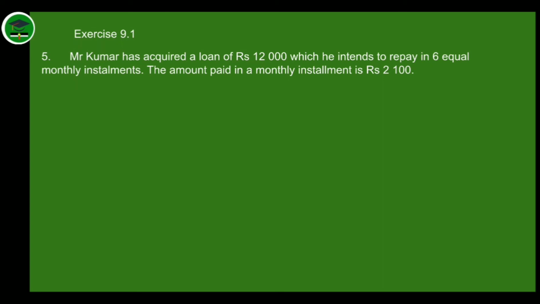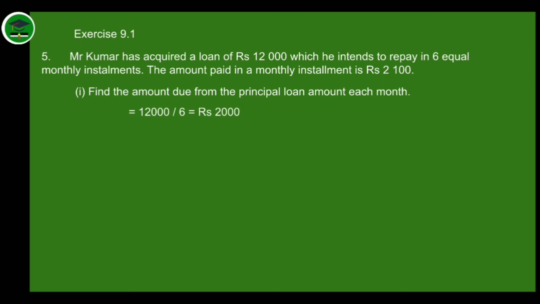Now we will see the problems. The first one is find the amount due from the principal loan amount each month. So how can you do it? 12,000 rupees, you have to divide it by 6, that is 2,000 rupees.